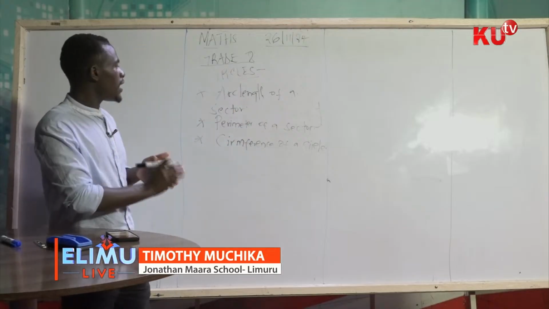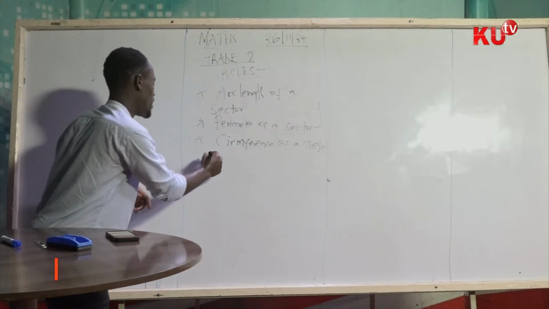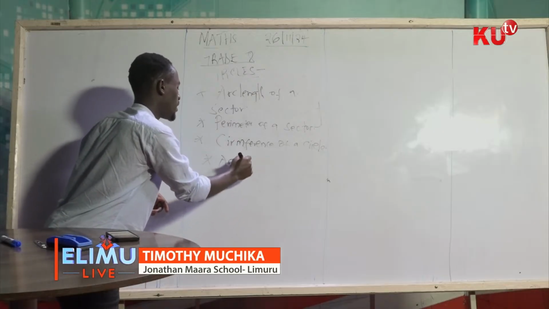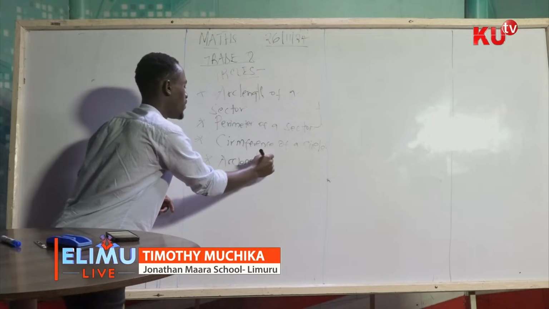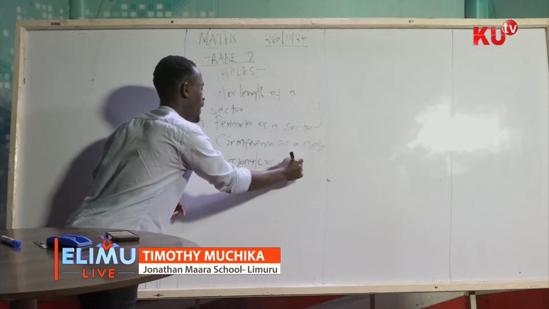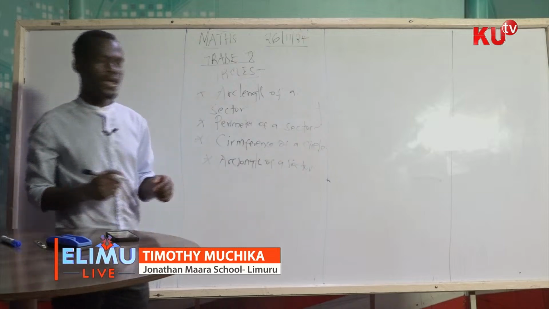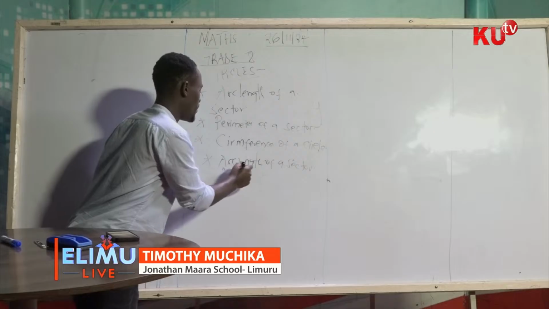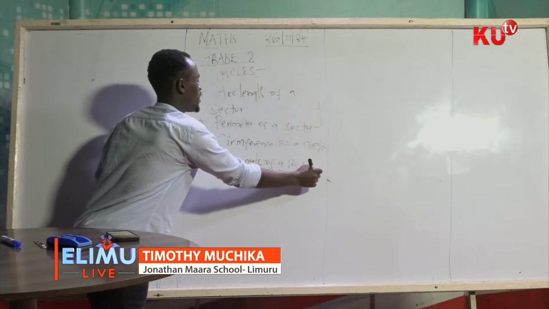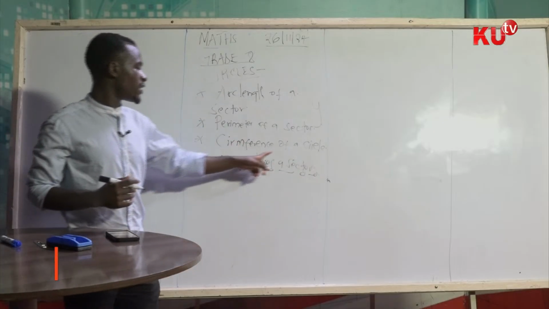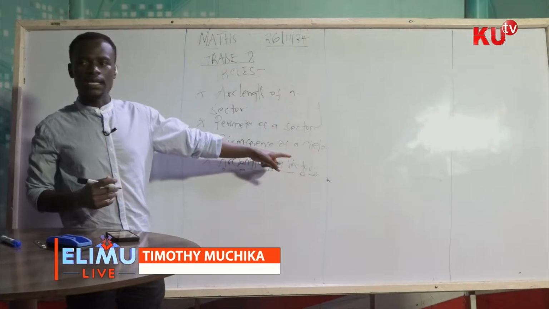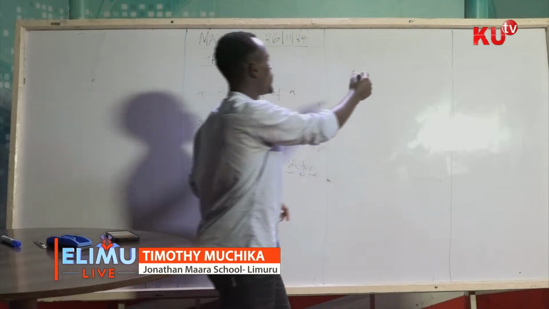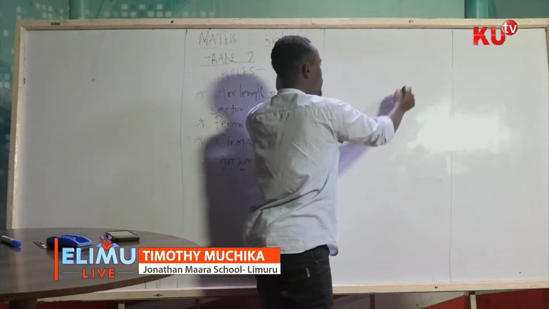Now, let's start right away with the arc length of a sector. In the arc length of a sector, basically, we will be able to know the types of a sector.